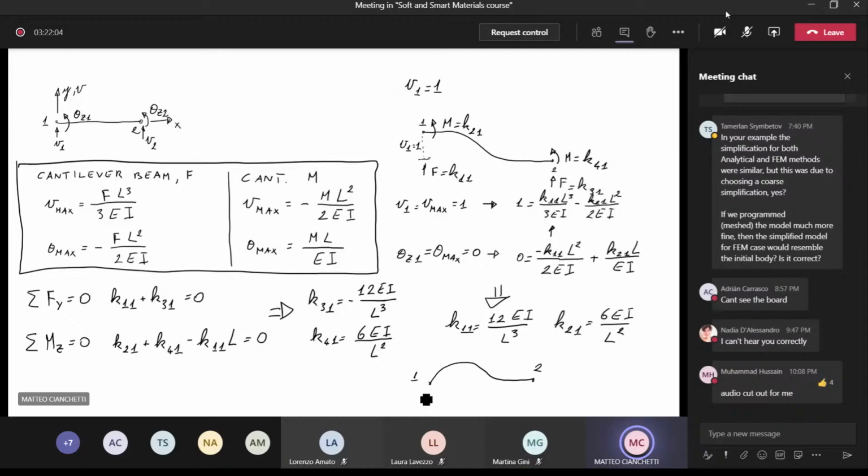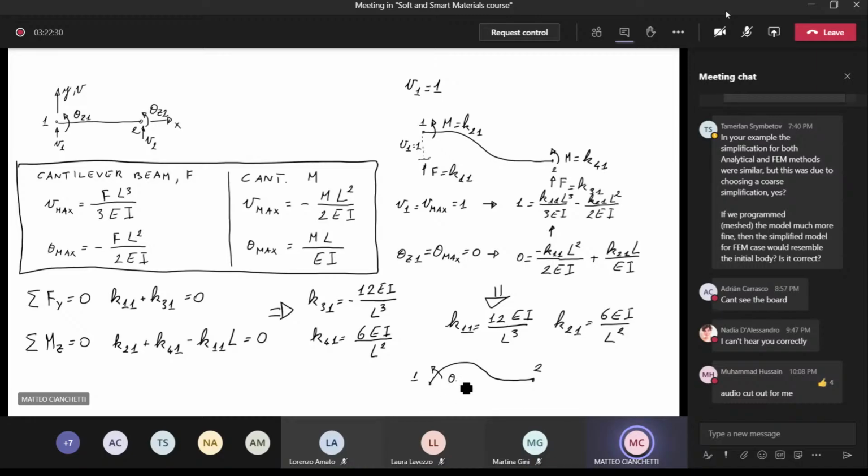Because you are considering 0 in those degrees of freedom. You have no rotation on node 2 because you are considering 0 the rotation about Z of node 2, but you are considering 1 the rotation of node 1 about Z. You are activating the rotation, so this degree of freedom, theta Z1. So in this case, what you are considering is this kind of deformation.